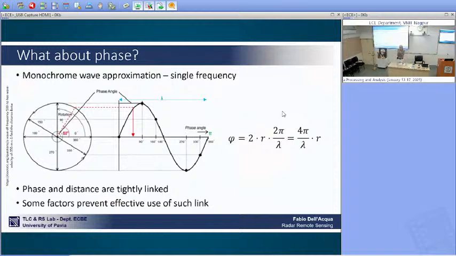When I take the returning wave and compare it with the outgoing wave, I will find a certain displacement, which is due to distance. Because it will unfold a certain number of times, and then it will bounce back and will continue with the same pace until it gets to the antenna. So in some way, the phase of the returning wave is linked to the distance, doesn't it? Yes, definitely it is.